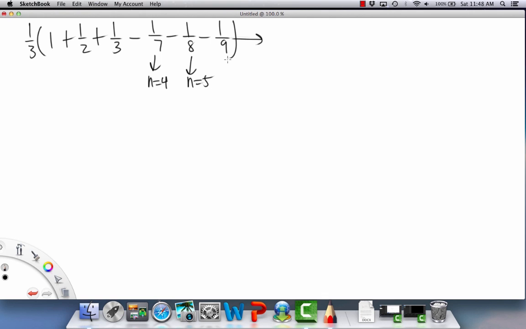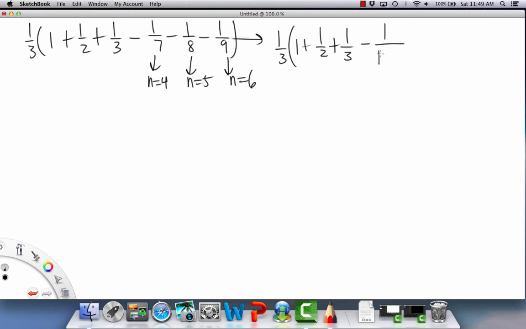This is the 5th term, and this comes from the 6th term. So we can actually rewrite this as the following. 1 over 3 times, and then these first 3 terms just stay the same, as I said in the previous slide. And you could probably agree that 7 is 3 plus 4, right? 8 is 3 plus 5, and 9 is 3 plus 6.